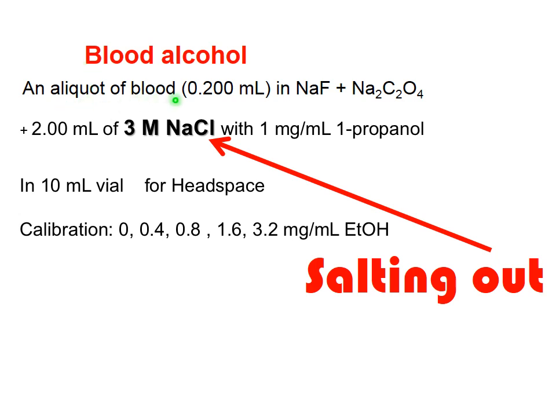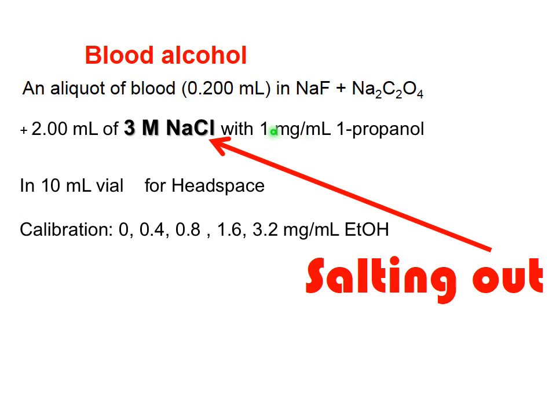A liquid of blood, very small amount, 0.2 ml, with sodium fluoride and sodium oxalate as stabilizers. 2 milliliters of 3 molar sodium chloride to salt out, to force alcohol out of aqueous sample.